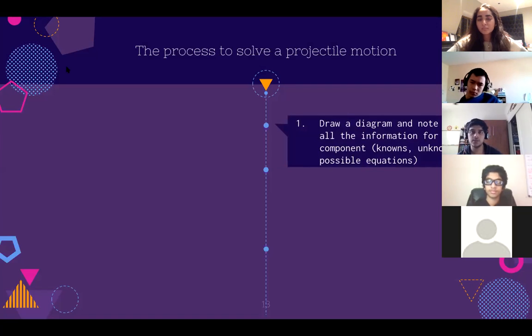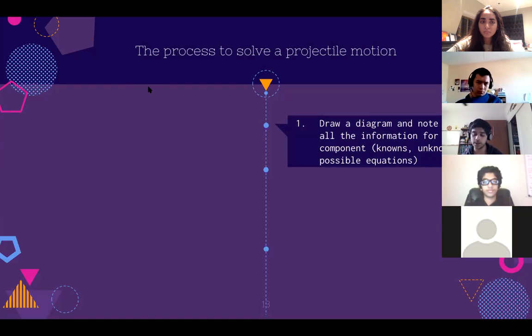Now, in general for a projectile motion problem, you should try to follow these steps until you get comfortable with it. First, draw a diagram and note down everything that you're given, regardless of what it is. Just write it down in some mathematical way, right? Write your knowns, your unknowns, and possible equations you can use. For example, if you're given the initial velocity, you can say v sub 0 equals whatever, maybe 10 meters per second.